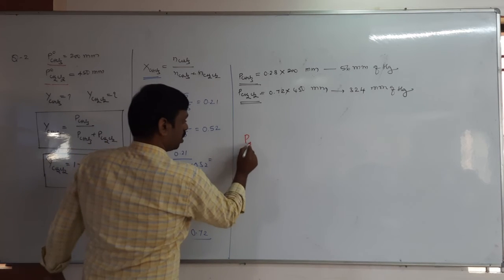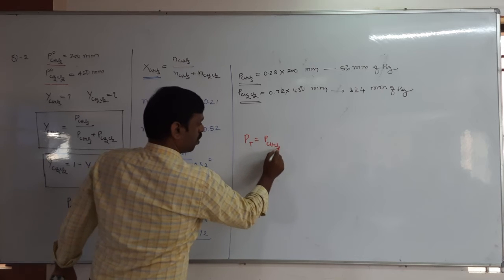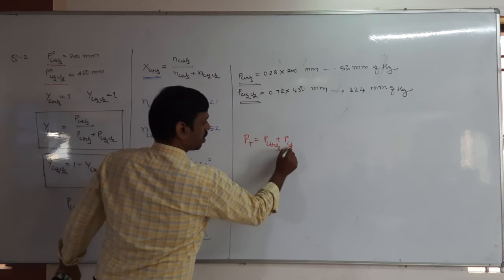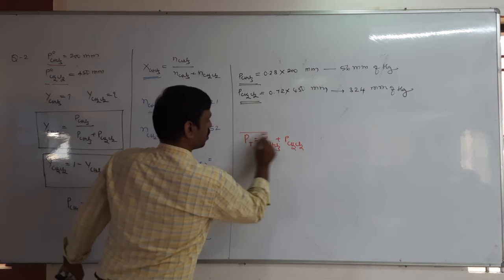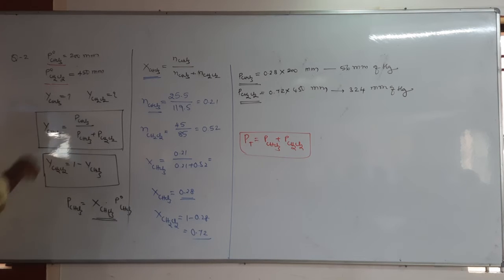P total is equal to Pa plus Pb, or P chloroform plus P dichloromethane. So first you calculate Y chloroform and Y dichloromethane using this formula. Therefore, we should calculate P chloroform and P dichloromethane.